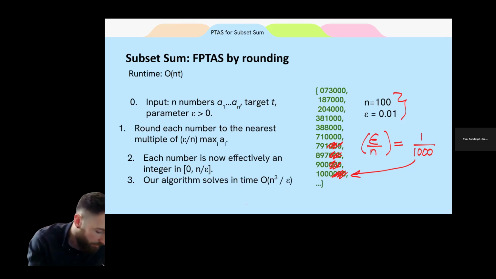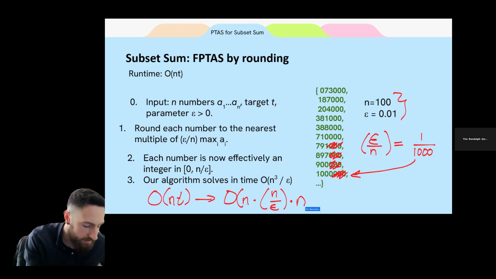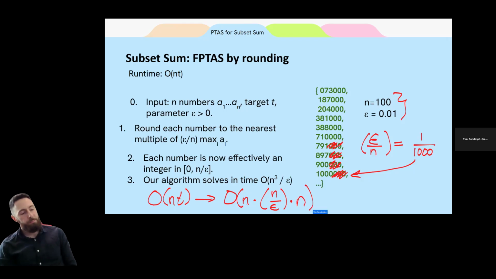If we want to calculate our runtime, it's now big O of nt, but t has become n over epsilon times n input numbers. So this runtime turns into n numbers times every number upper bounded by n over epsilon, times t as an upper bound on the sum of all the numbers, which gives us n cubed over epsilon.